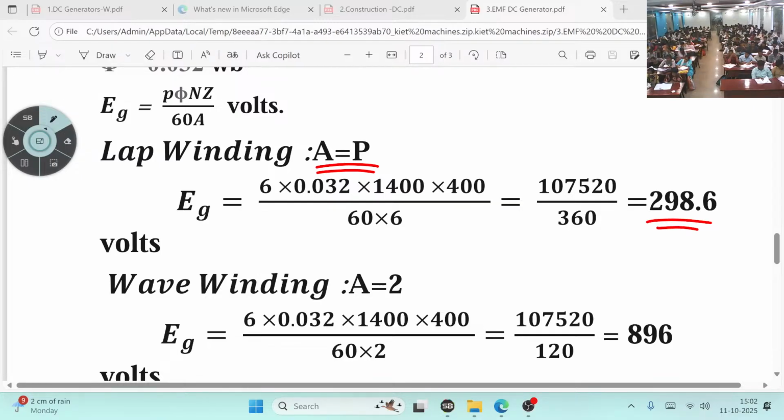For A is equal to 2, EG is equal to 898 volts.